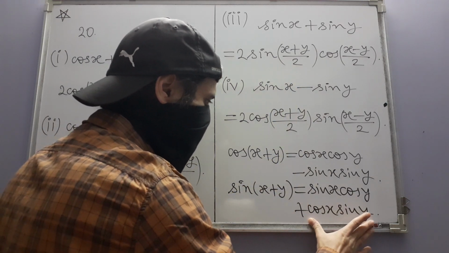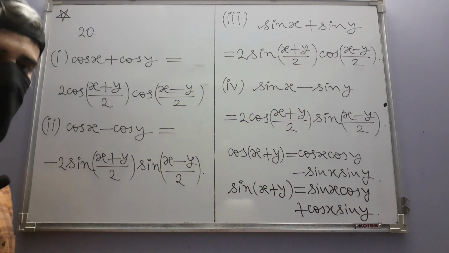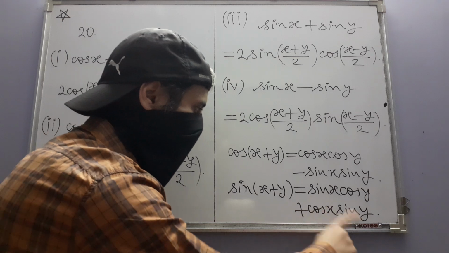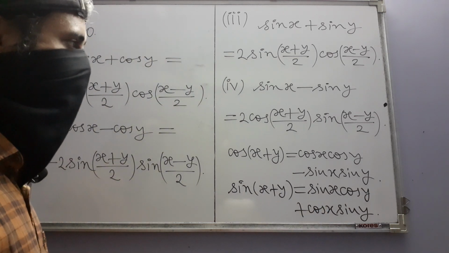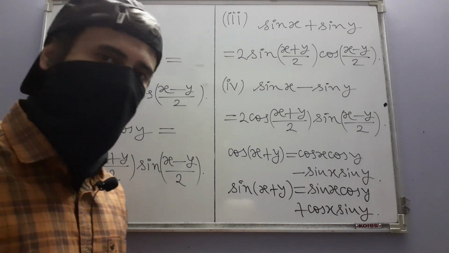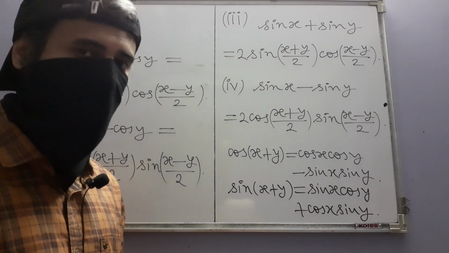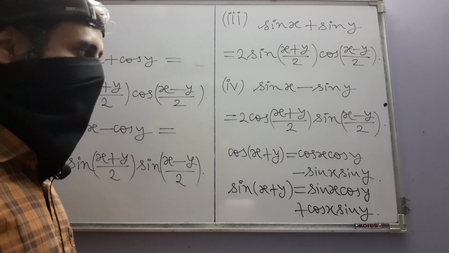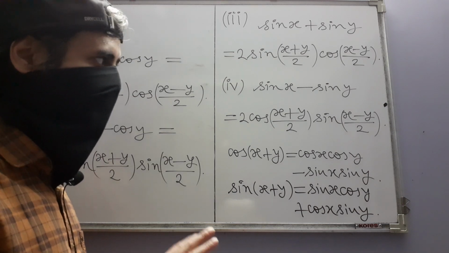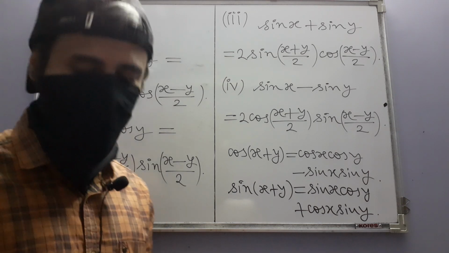So for that, the second form has to be chosen. Cos comes first and then sin. Okay, so this way you may remember. Or you may formulate your own way of remembering all these things. But whatever you do, you will have to memorize these formulas.